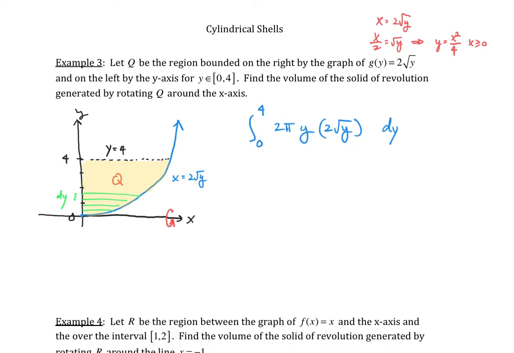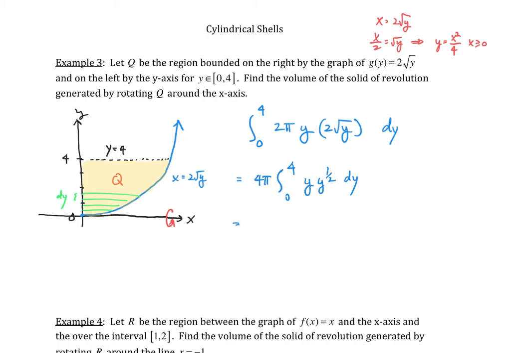So let me simplify this integral and evaluate it. So the first thing I notice I could do is pull out all the constants. So I'll have 2 times 2 is 4, pull out the pi. So we're going to have a 4 pi outside the integral. We're going to go from 0 to 4. We're going to have a y times y to the 1/2 power dy.